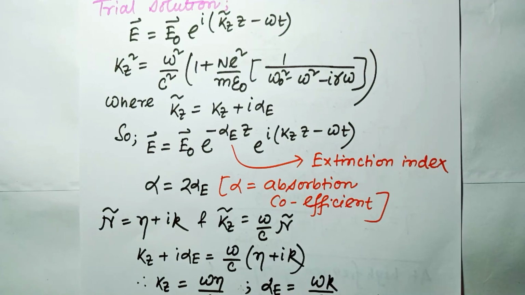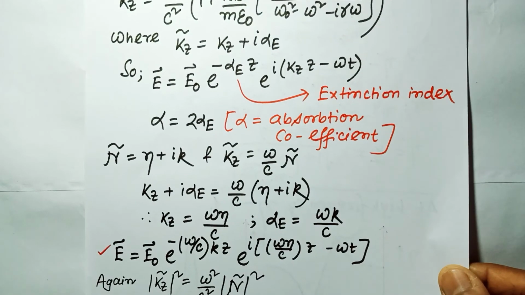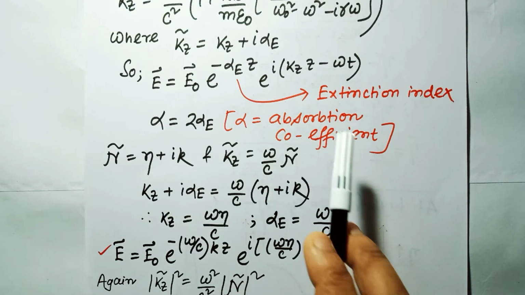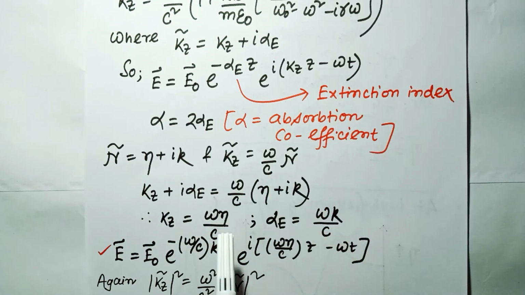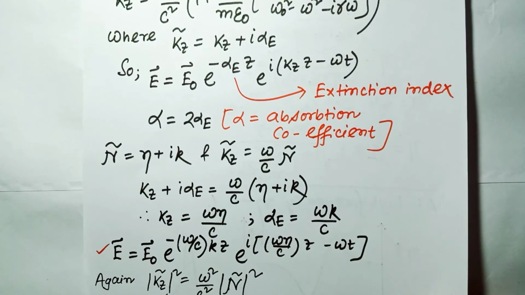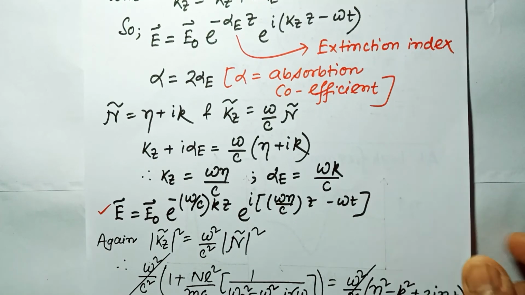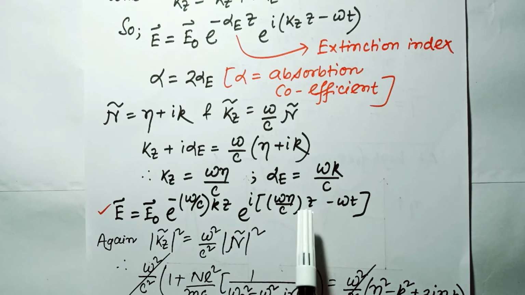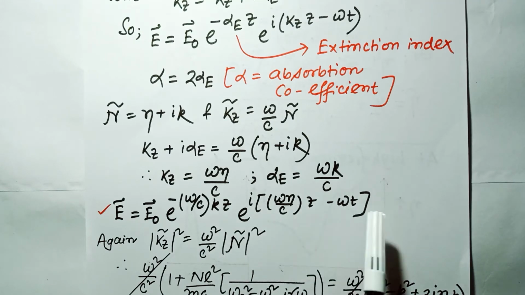Equating both sides, kz plus i alpha e, where alpha e is the extinction index we have already defined, is equal to omega by c times eta plus i kappa. So kz equals omega eta by c and alpha e equals omega kappa by c. The electric field expression becomes E0 times exponential minus omega by c kappa z times exponential i omega eta by c z minus omega t.